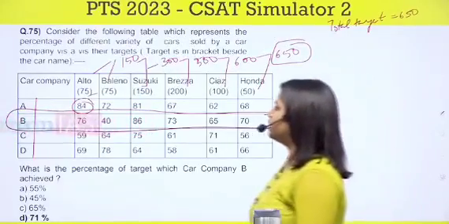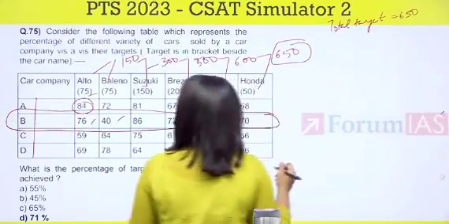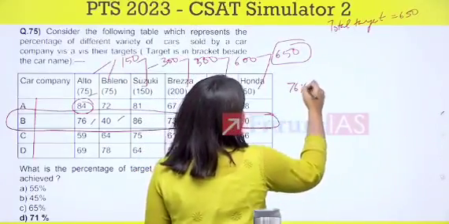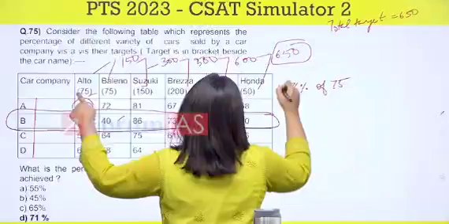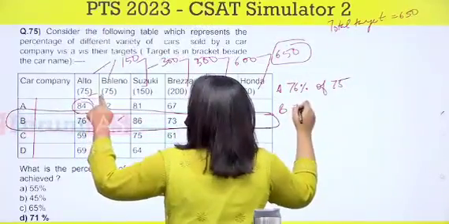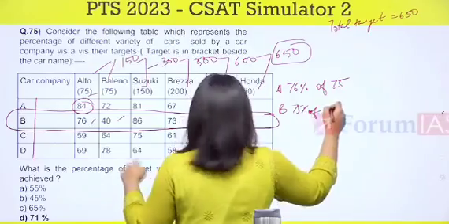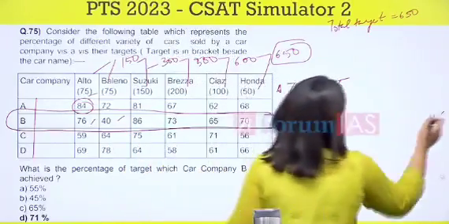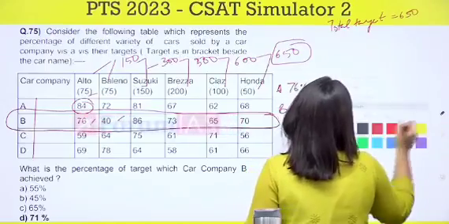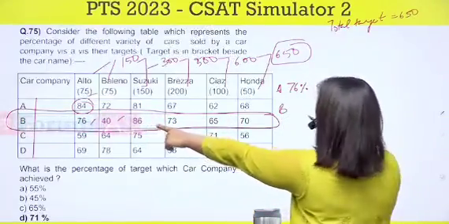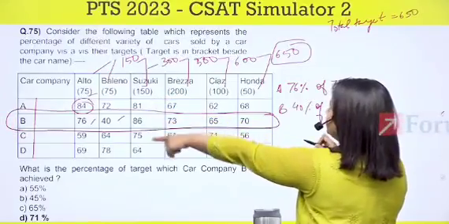Now I have to calculate how many cars they sold. So they sold 76% of 75 Alto. Then Baleno, they did 40% of 75.